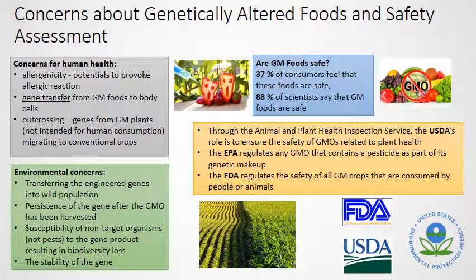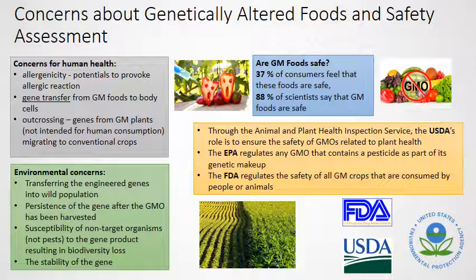What are the concerns about genetically altered foods and who regulates these foods? People are concerned about human health and the environment in relation to GMO. Concerns for human health include the potential to cause allergic reaction, gene transfer from GM foods to body cells, and outcrossing, where genes from GM plants not intended for human consumption migrate to conventional crops and are unintentionally consumed by humans.